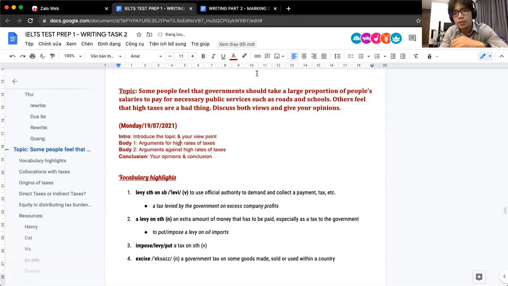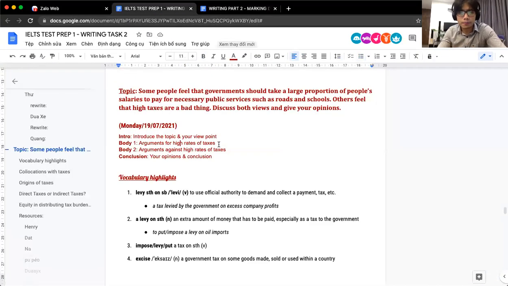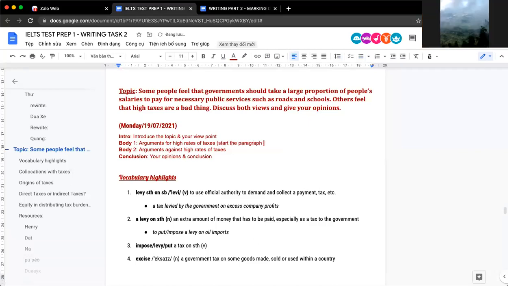Okay, so basically central topic here means you have a focus for each paragraph, okay? And a very good technique is to start the paragraph with a topic sentence.